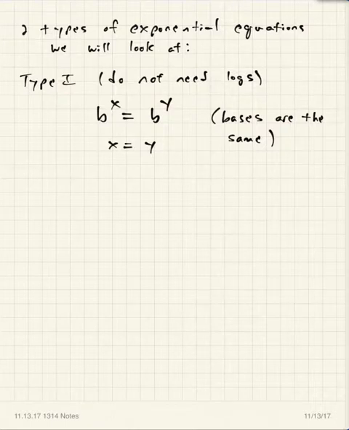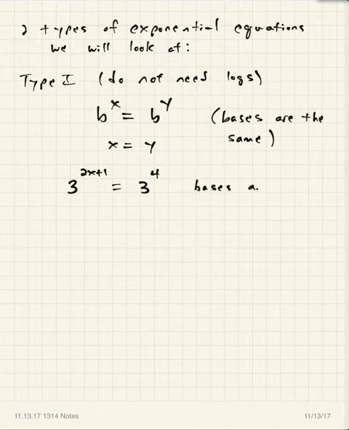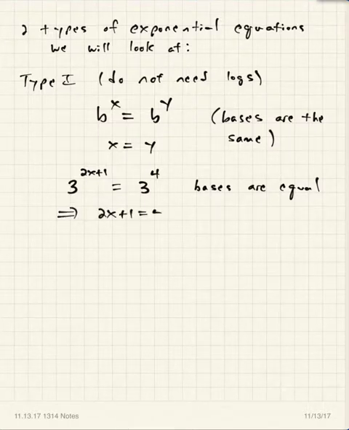So for example, we have this equation, 3 to the 2x plus 1 equals 3 to the 4th power. Notice that the bases are equal here. And if the bases are equal, the only way this could be true is if 2x plus 1 was the same thing as 4.